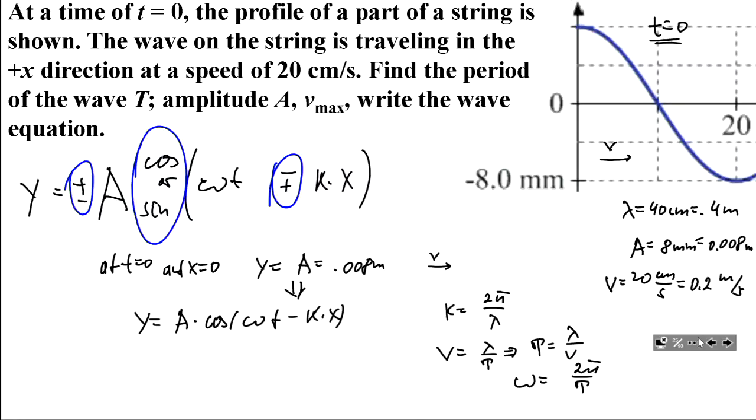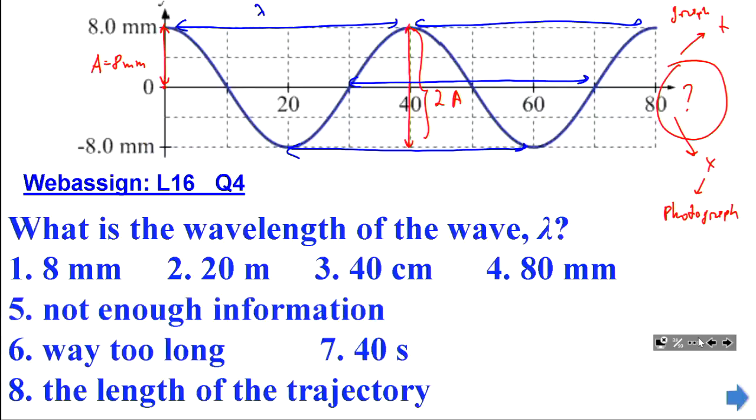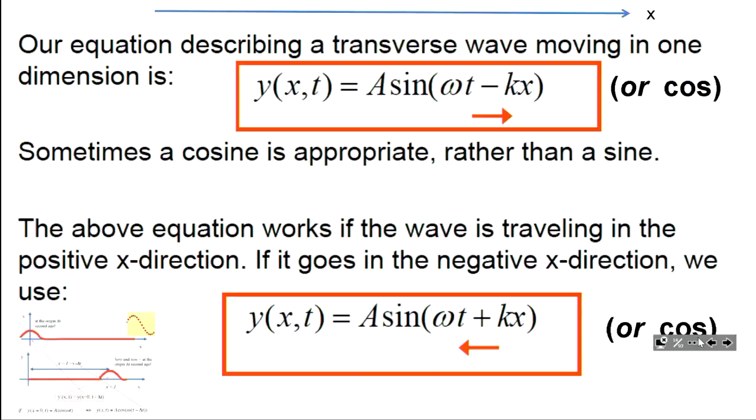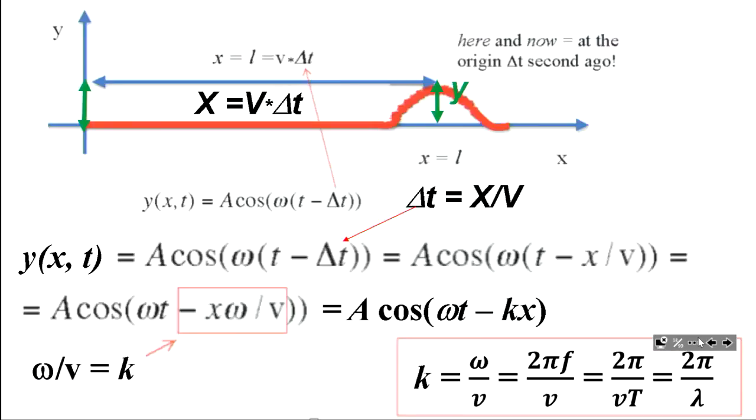That's it. So, yes? In your equation, can you explain why it's minus k? This is based on our original reasoning for this pulse. The pulse travels to the right.